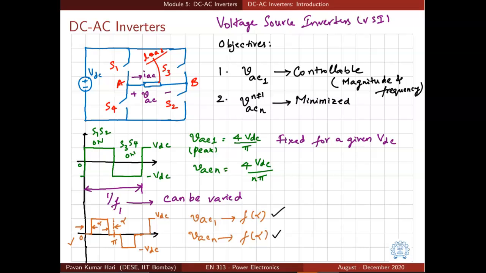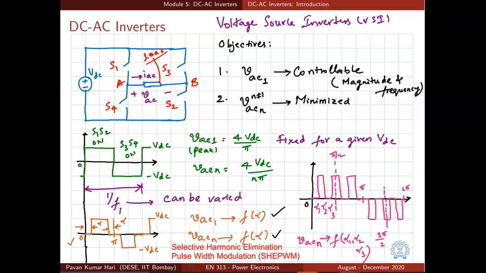We specify one particular fundamental. I want this much magnitude fundamental voltage, and I don't want harmonic of this particular frequency, or I want harmonic of this much magnitude. So we should be able to find a solution mathematically for this value of alpha and appropriately generate the voltage or generate the switching pattern which will generate the voltage.